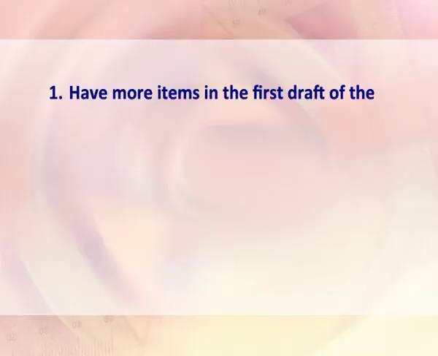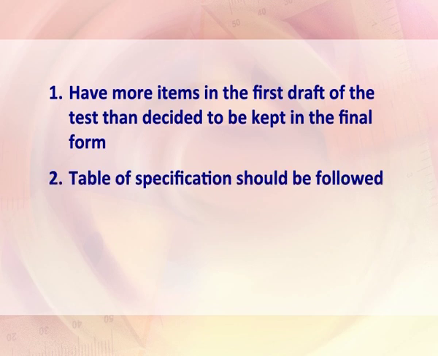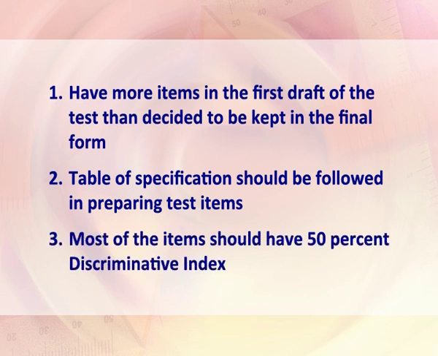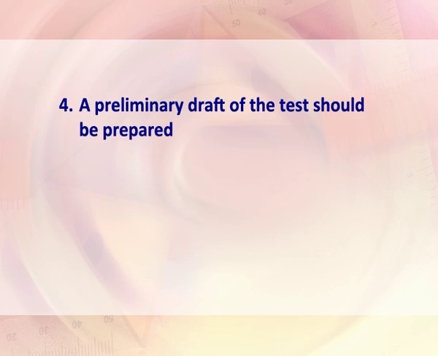Number first, we must have more items in the first draft of the test than decided to be kept in the final form. Number second, the table of specification should be followed in preparing test items. Number third, most of the items should have 50% discriminative index. Number fourth, a preliminary draft of the test should be prepared.